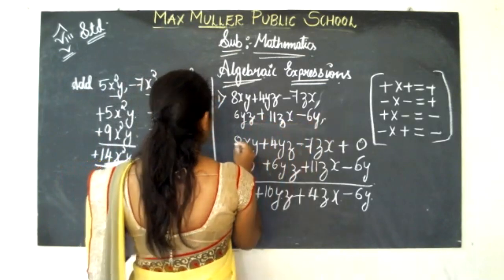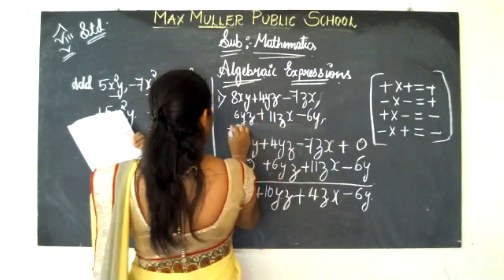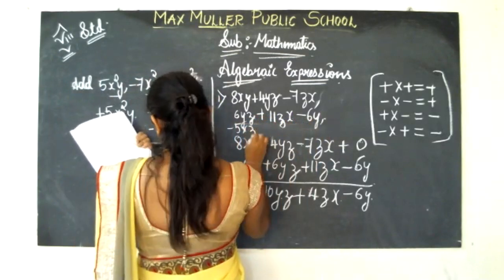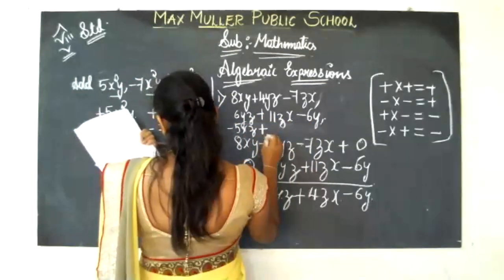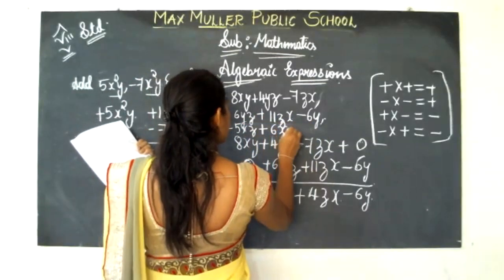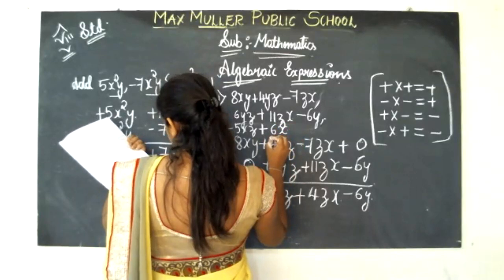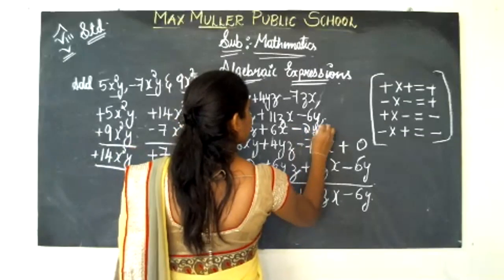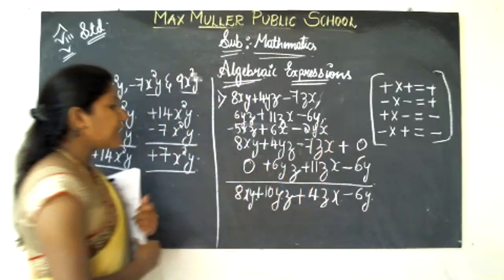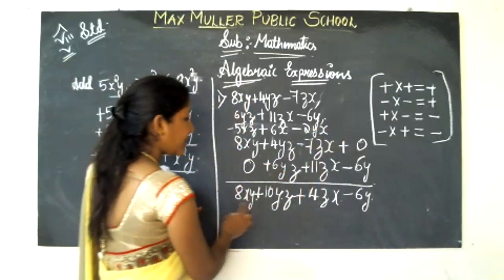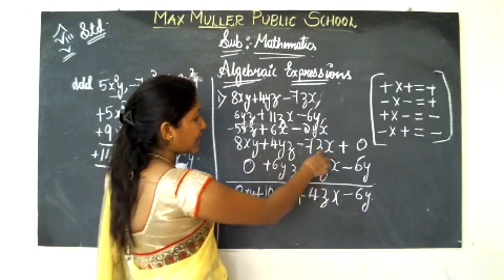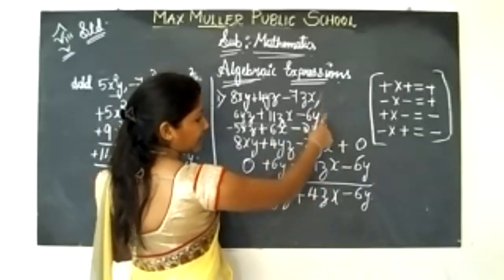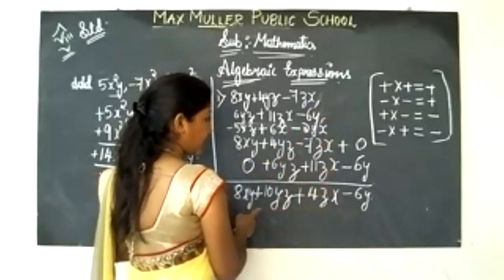Okay, now the other expression in the question: minus 5xz plus 6x minus 2yx. Now under this you got the answer for these two. After adding these two, you got this answer.